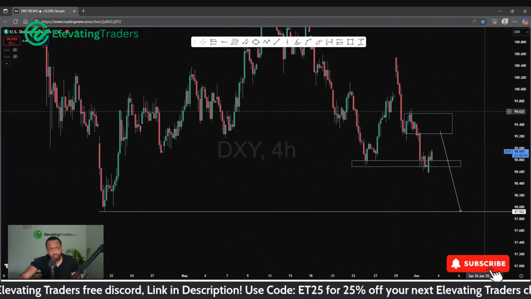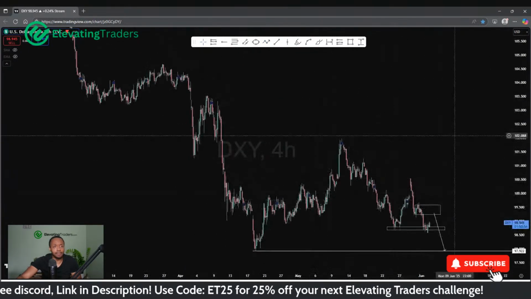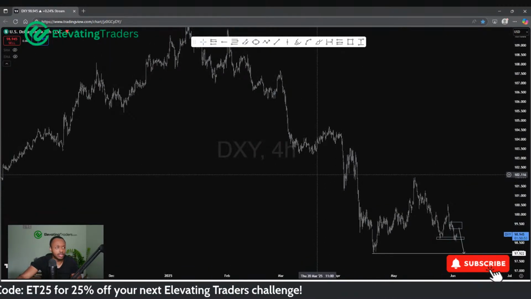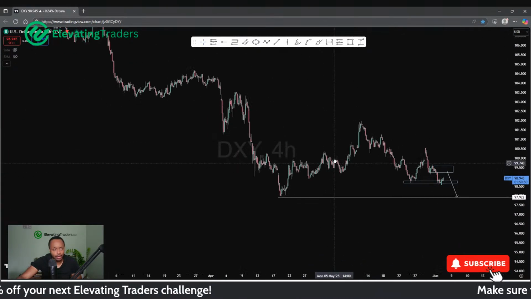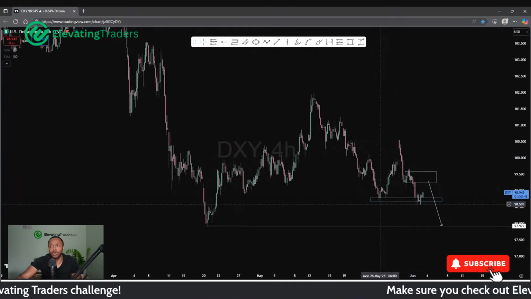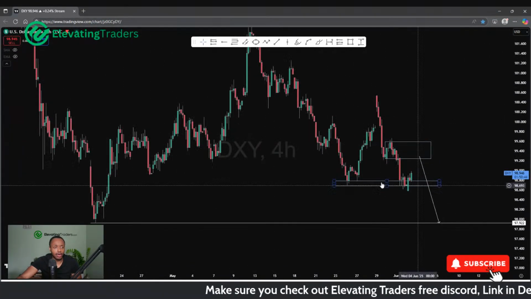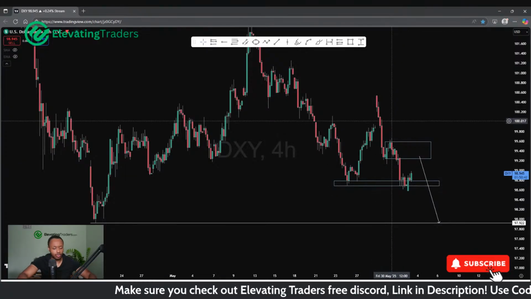So still very much the plan there for the dollar. Again, the overall expectation is that this bearish trend is still very much in full swing, and there's no signs of reversal just yet. So naturally expecting us to drift back to the low and eventually break through that support.